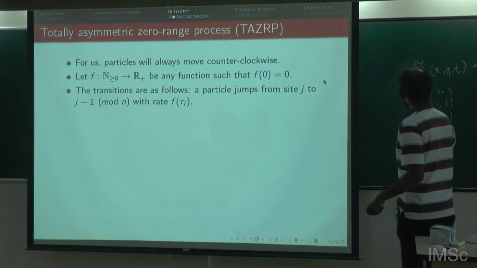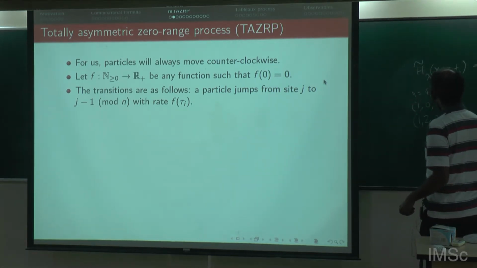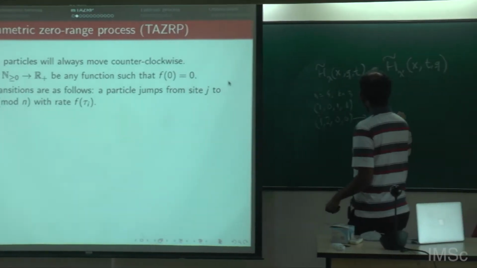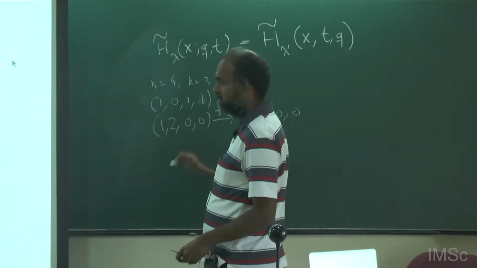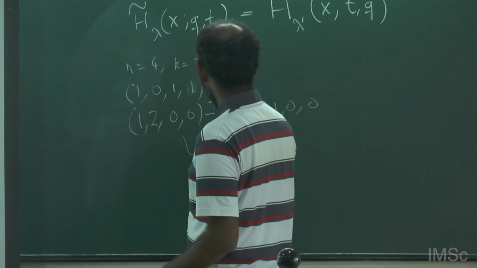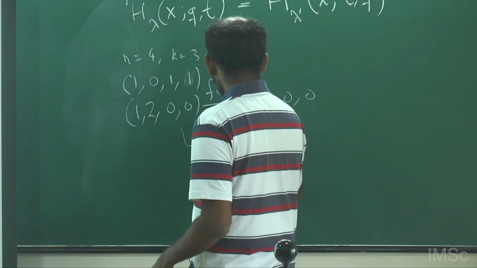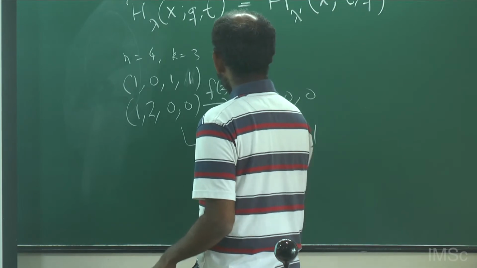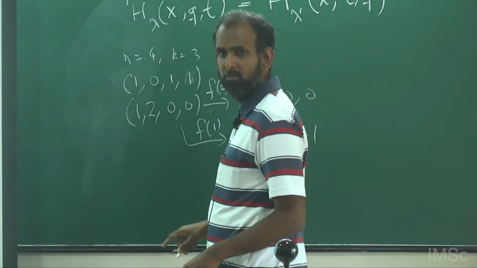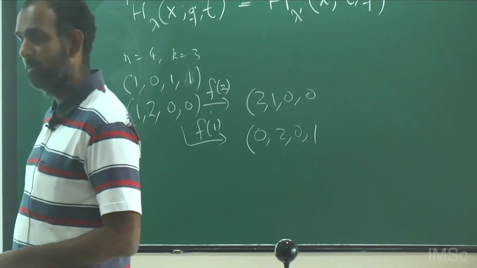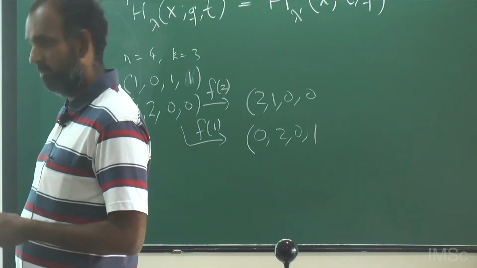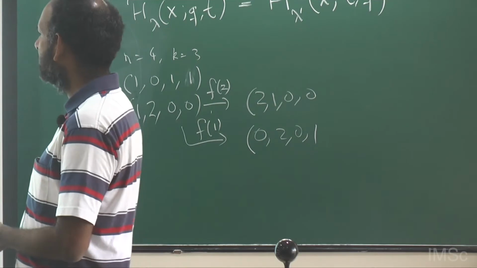In this case, this will go to 2, 1, 0, 0 with rate f of 2. And I also go to 0, 2, 0, 1 with rate f of 1, because there's only one particle at the site, and it's moving counterclockwise. The rate is an exponential distribution, by the way? Yes, exactly. These are continuous time processes.